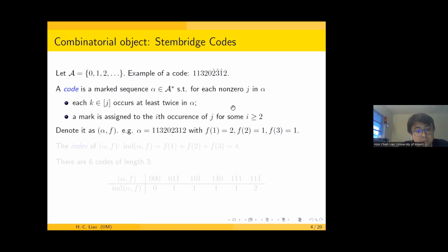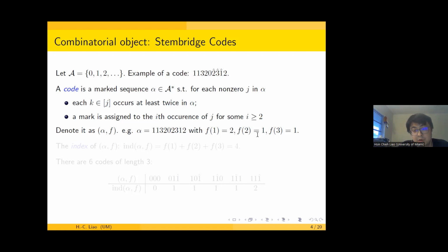We usually denote a code as a pair (alpha, f), where alpha is the sequence and f records the position of the mark. For example, f1 equal to 2 means that we look at the marked 1, and there are two 1s in front of the marked 1, so f1 equals 2.